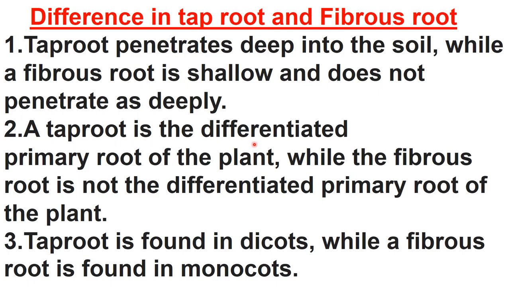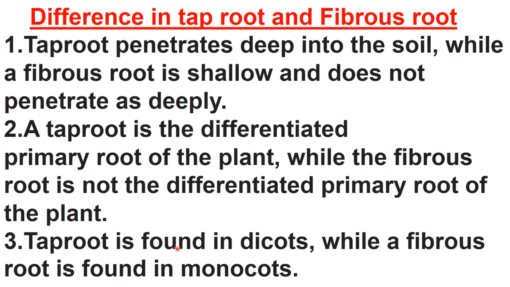Second, a taproot is differentiated into the primary root of the plant, while the fibrous root is not a differentiated primary root of the plant. So primary root, secondary root, tertiary roots, these are found in the taproot system, but such type of roots are not found in the fibrous root system, right?